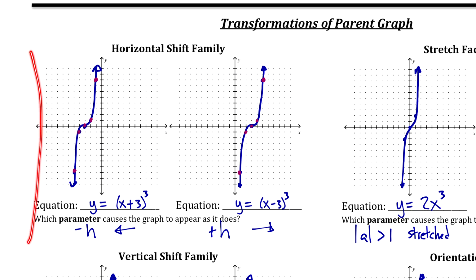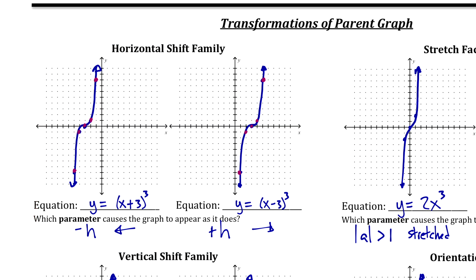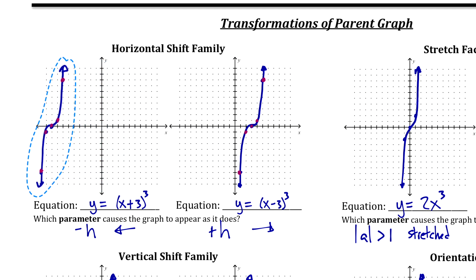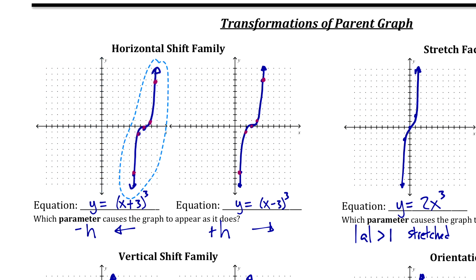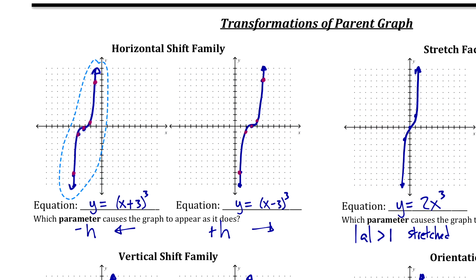So if we look at just the horizontal shift, right? So if I just want this graph to shift horizontally, left or right, the graph's going to stay the same, right? It's just going to go either more left or it's going to go more right. So how much it moves to the left and right is going to be based on the equation.